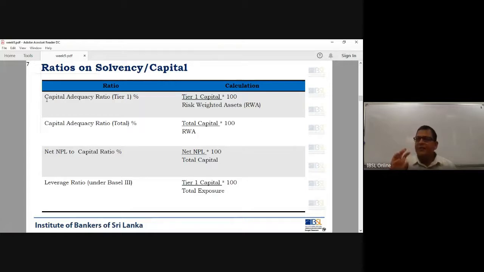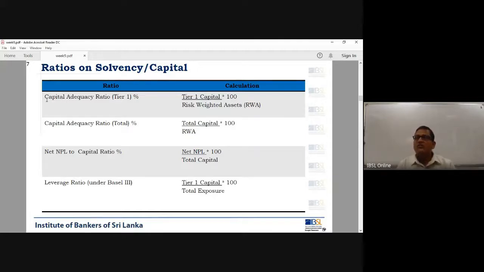Tier 1 is high quality capital, and tier 2 capital is of a hybrid nature. It may be subordinated debentures of 5 years or more, which can be included as tier 2 capital.